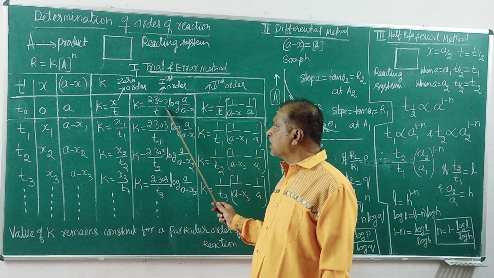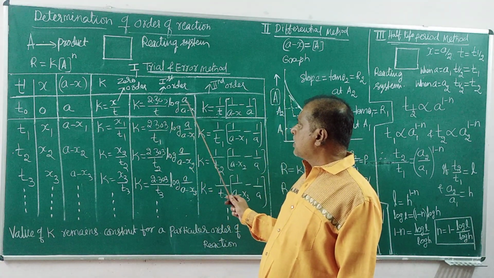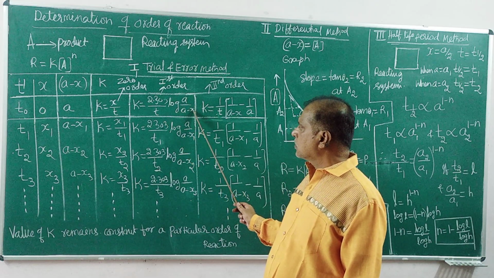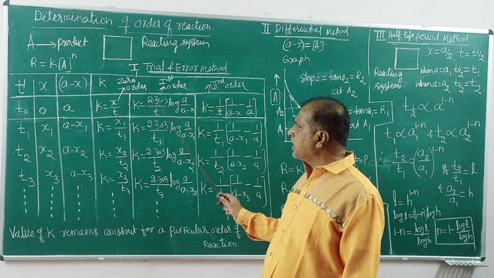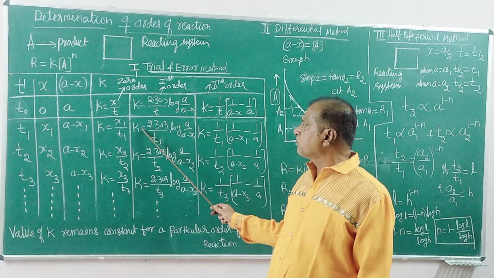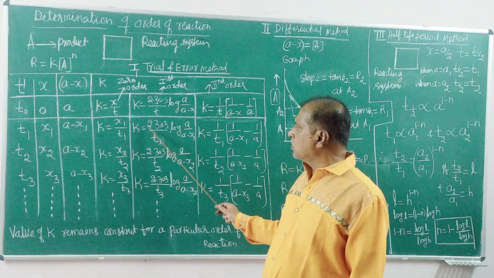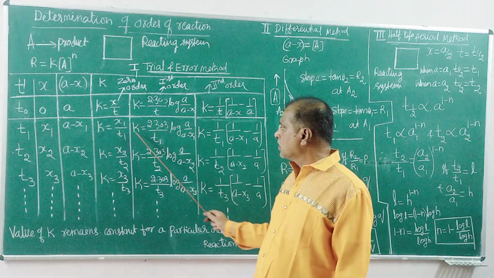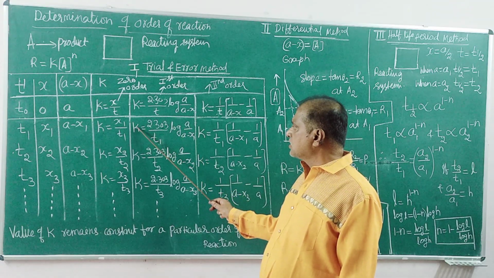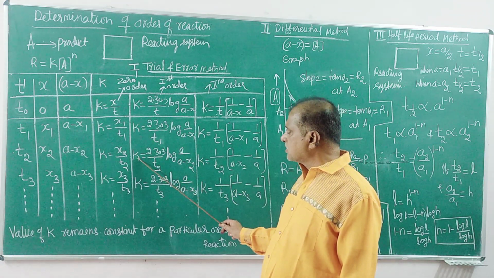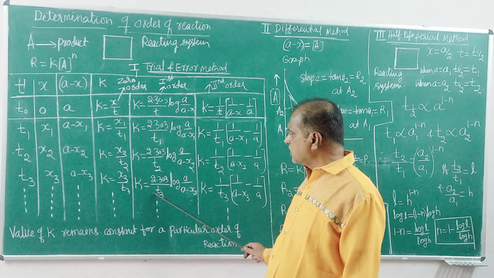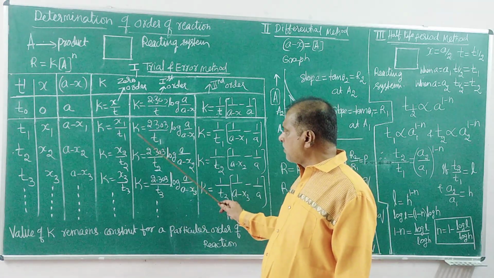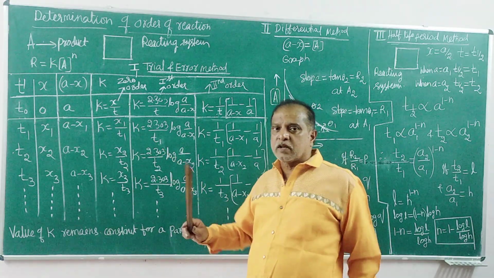The next equation is the first order equation. Here also we have values of x, values of t, and values of a minus x. In a similar way, calculate the value of k at different times: t1, x1, and the value of a. Calculate k at each time, t3, x3, and different values, and see if the value of k remains constant.